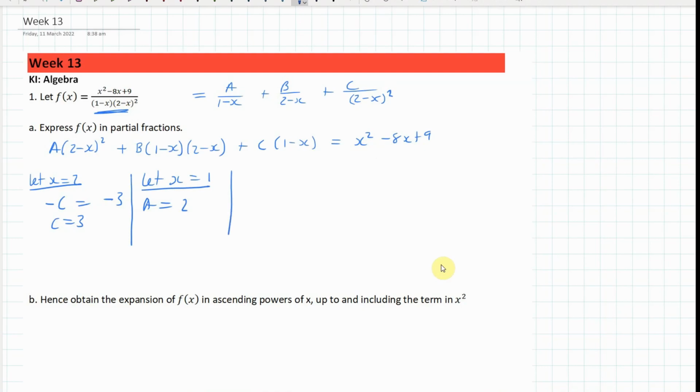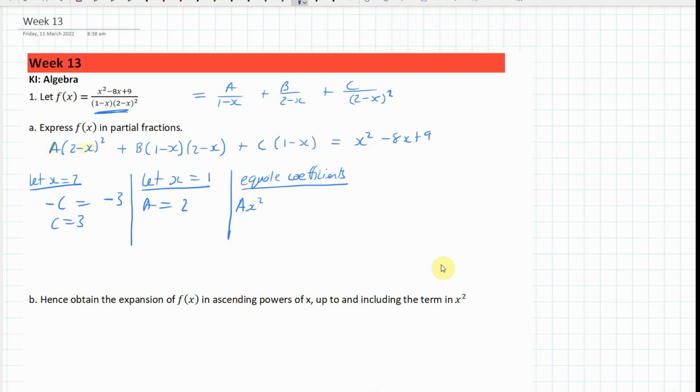And now that I know this, I can equate the coefficients for the x squared term to find b. So if you look at the x squared term, it's made up of a times negative x, so that's going to be a x squared. And we know that a is 2.